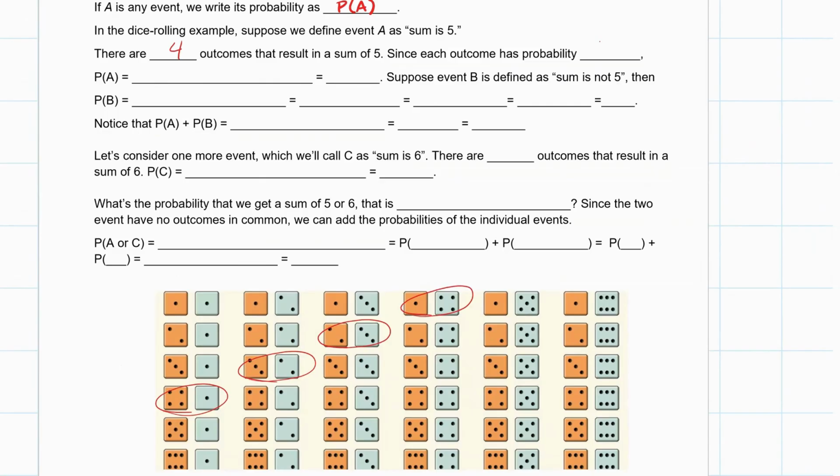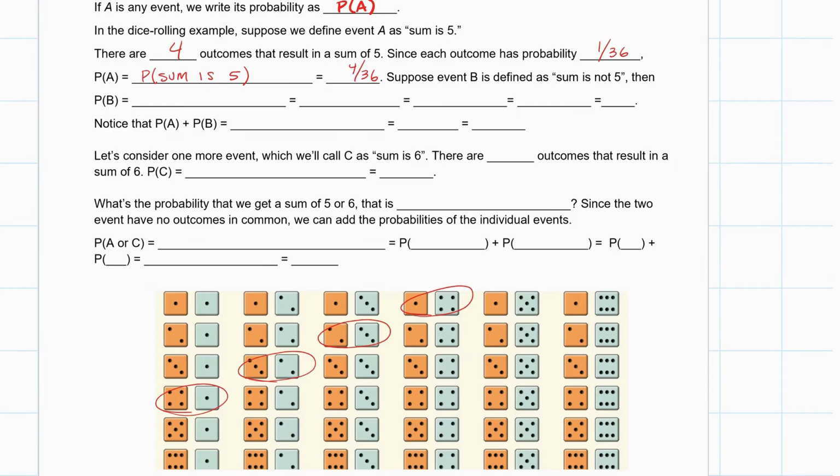And each of those outcomes, because they're all equally likely, has a probability of 1/36. So the probability of event A, which is the probability the sum is 5, is 4/36.